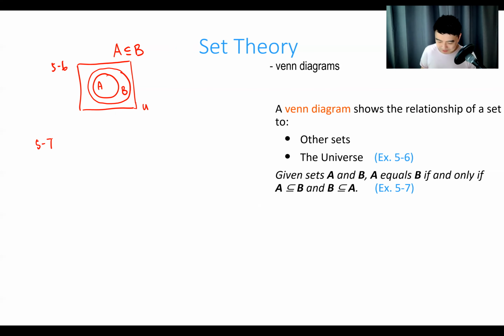I'm going to start with the forward direction. So if A is equal to B, is it true that A is a subset of B and B is a subset of A? Can we say that automatically? I think so, right? Because if they contain the same elements, every element in A is also in B.